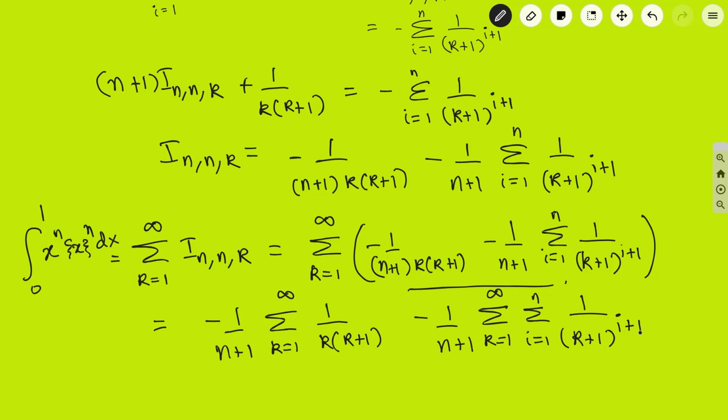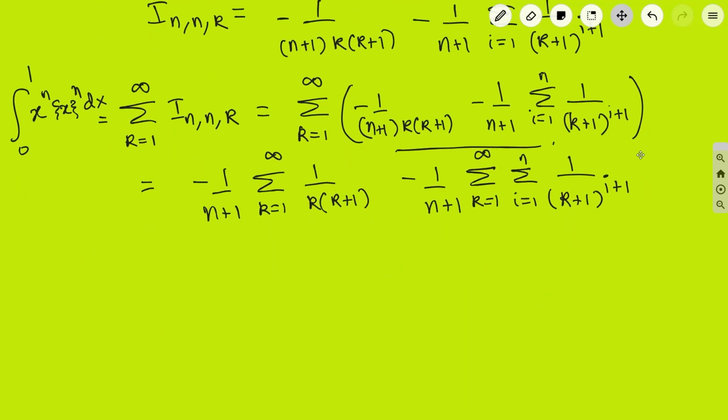So there's a double summation here, which is quite interesting, but it can be handled pretty easily.